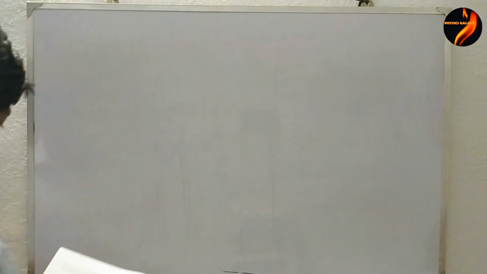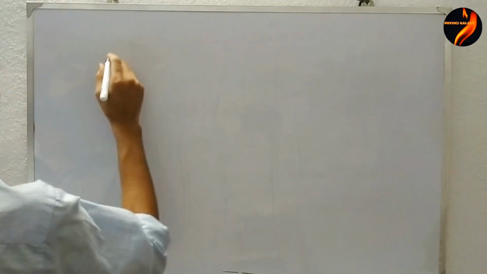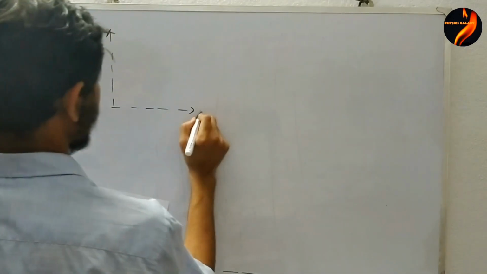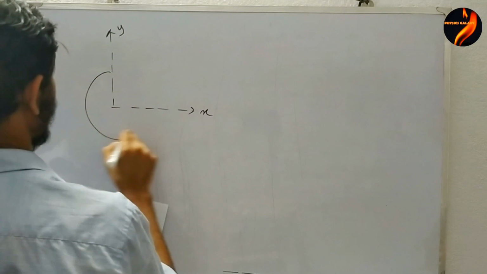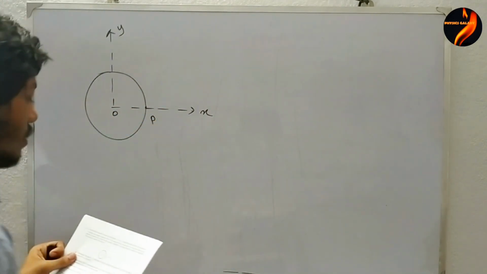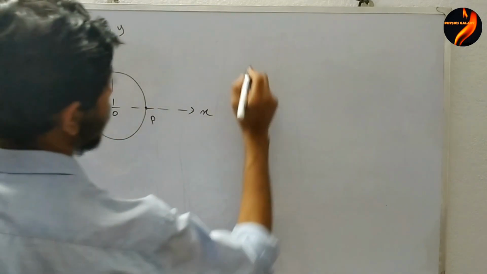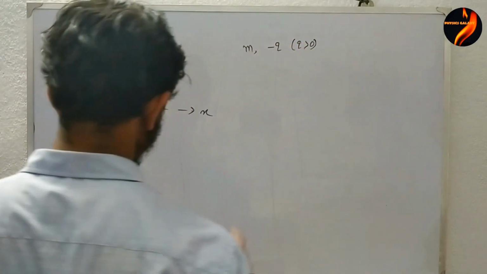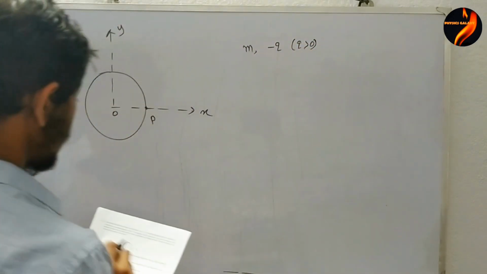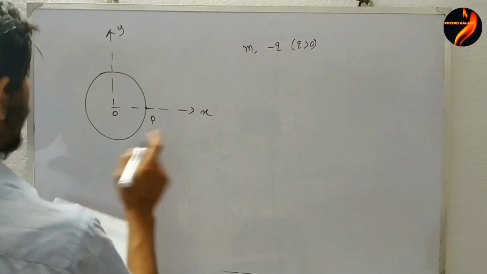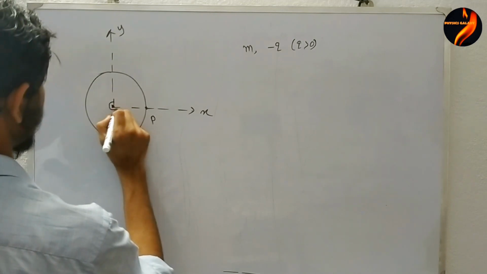And then one question is like this. This is the x-axis, this is the y-axis. A non-relativistic charged particle which has mass m and charge minus q, where q is greater than 0, is moving anticlockwise in presence of a uniform constant magnetic field B vector which is along the z direction.